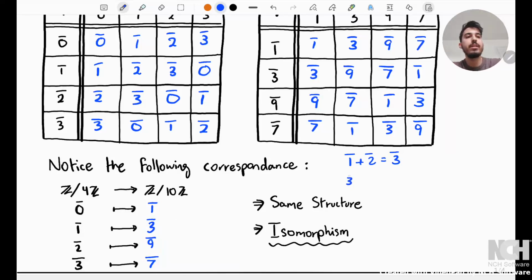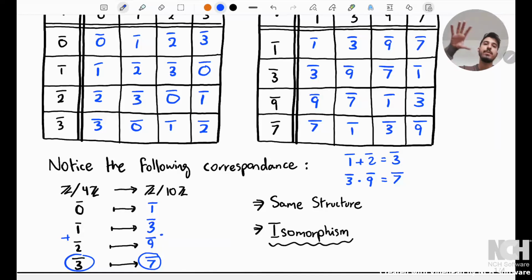So 3 and 9 gives us 27, which is 7. And that is in fact the product that we were looking for. So 1 plus 2 gives us 3, and 3 times 9 gives us 7.